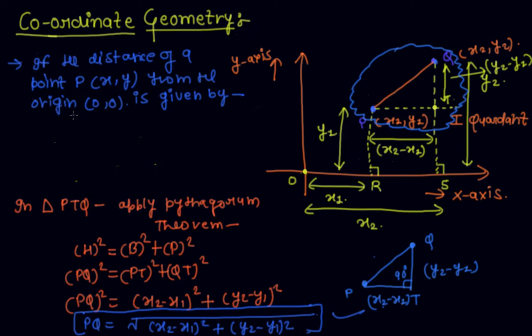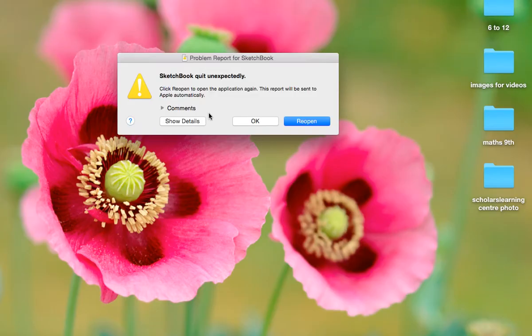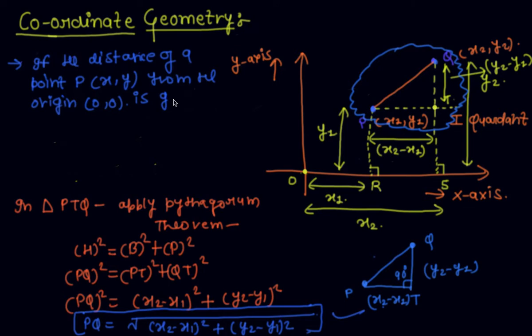if the starting point is origin, then x1 equal to 0 and y1 is equal to 0. So put the value of x1 and y1 in distance formula.